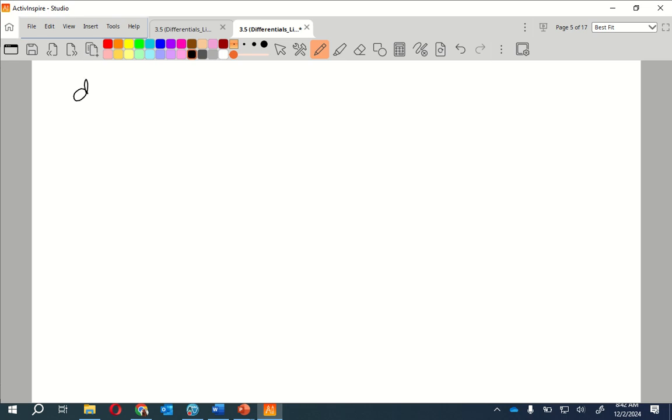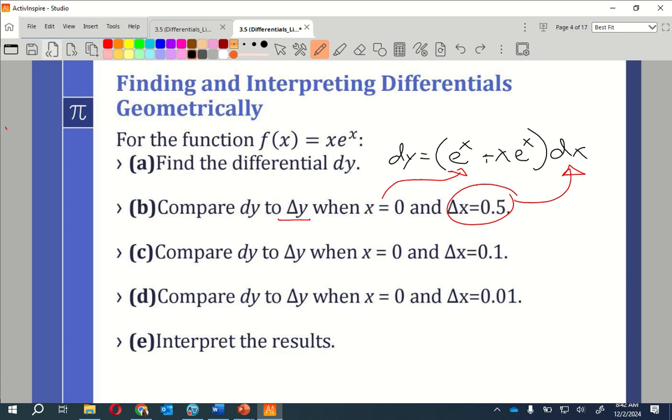Let's start out. dy is equal to e to the x plus x e to the x times dx. This is when x equals 0 and delta x is 0.1.